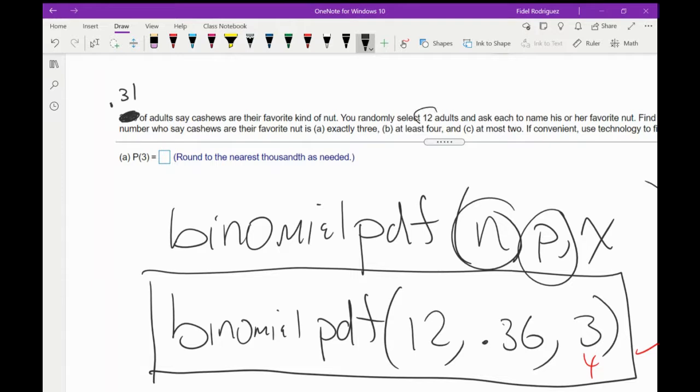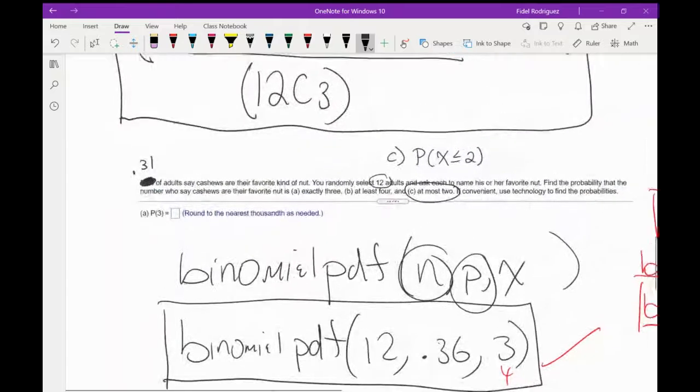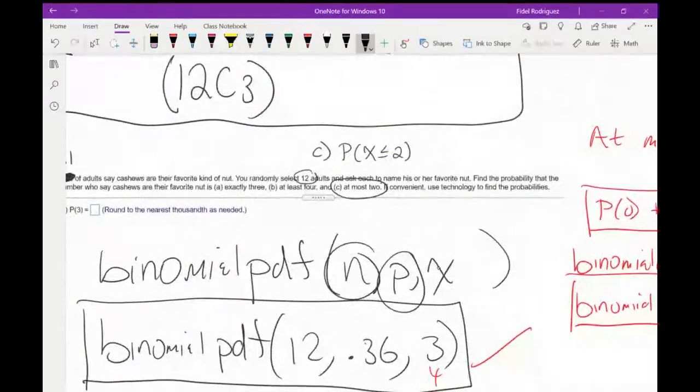Yes. And your part C was still at most 2? Yes. At most 2 means x is smaller than or equal to 2, right? So if I'm doing your problem, Ivy, I would go binomial CDF, where my n is 12, this is 0.31, and this is 2.